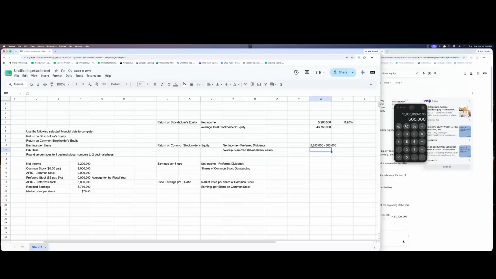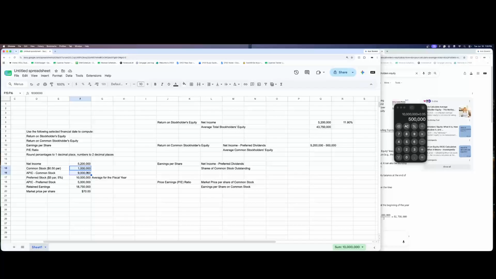Now, to get the average common stockholder equity, it's not like the average, when you think of average common stockholder equity, right? You would think, oh, I just have to add this together, like how much common stock there is, as well as how much additional paid-in capital of the common stock there was. Right?